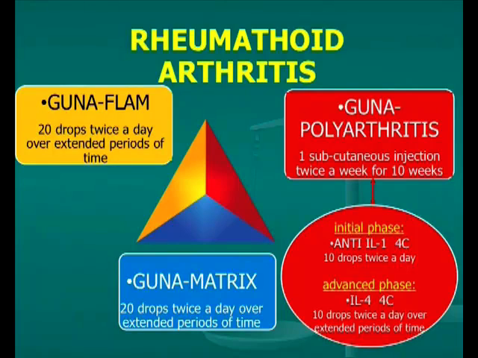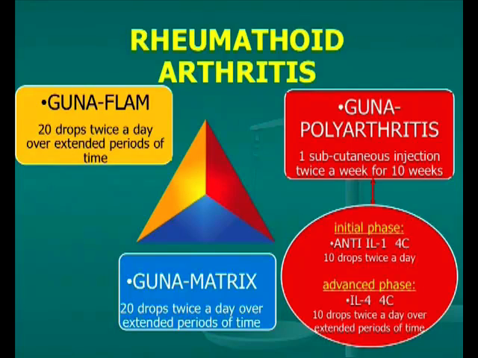And what about the cytokines? For the cytokines, we must understand the stage of the disease. Early stages of the disease require anti-interleukin-1 4C, which is already contained in Guna Polyarthritis anyway. But we shall also administer this orally to potentiate the effect of the therapy.